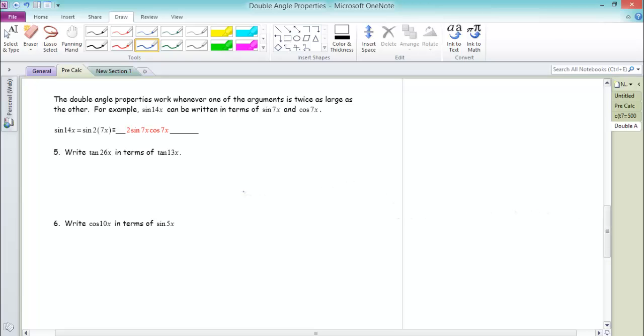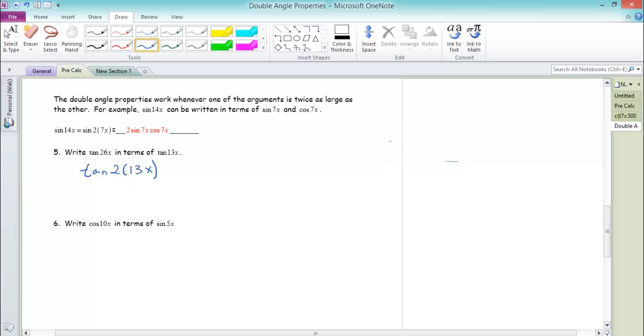The double angle properties work whenever one of the arguments is twice as large as the other. For example, sine of 14x can be written in terms of sine of 7x and cosine of 7x, or the sine of 2x. So we're basically going backwards now. I'm going to rewrite the tangent of 26x as the tangent of 2 times 13x.